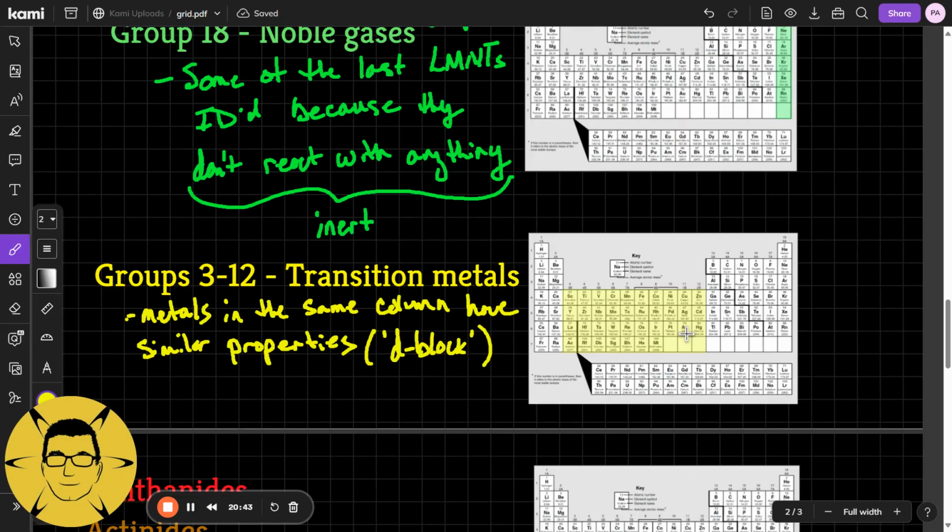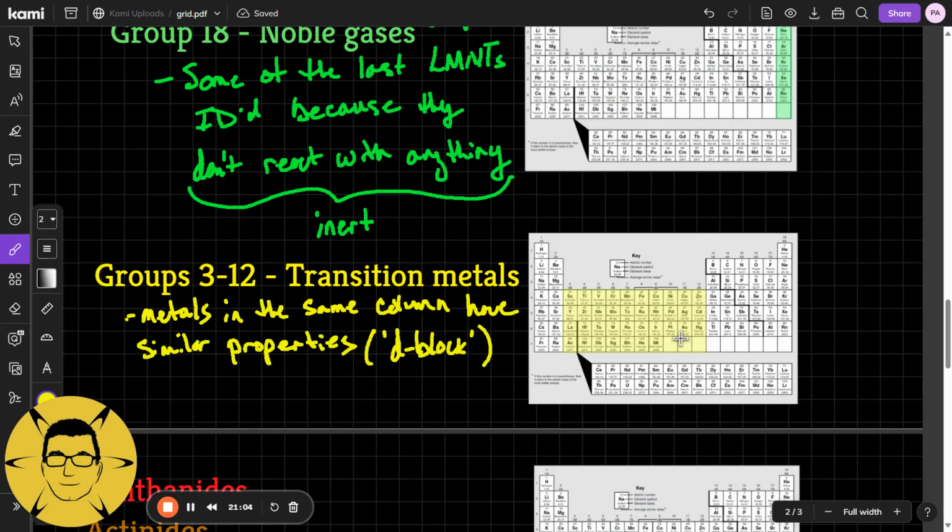Okay, they have extra electrons kind of floating around. Okay, so those are the transition metals.